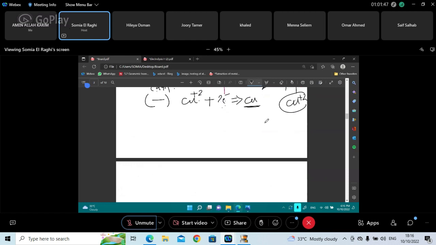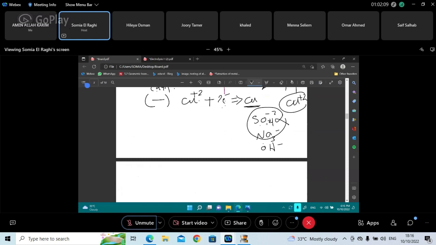Let's go to our series. If you see sulfate or nitrate, what else do I have here? I have OH ion. We forget this particle completely.